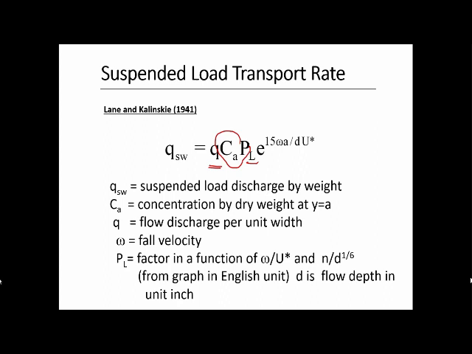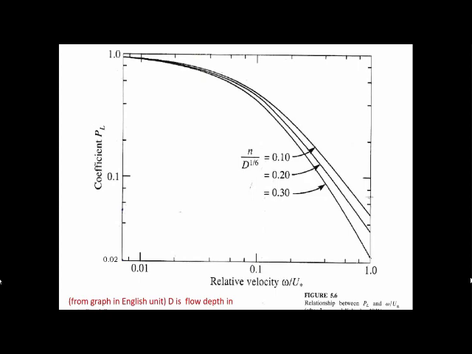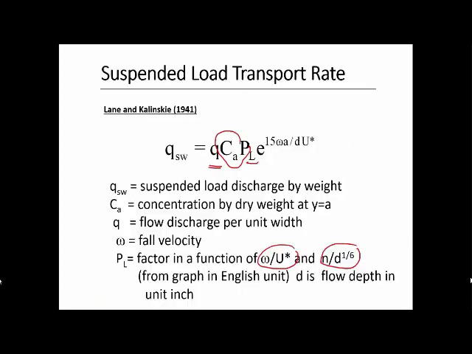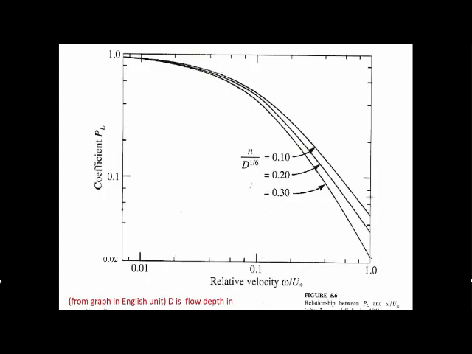So PL is a factor in a function of the shear velocity and the flow depth, the roughness over the flow depth. Okay, so we can use this diagram to determine the value of PL. The Ca we can determine from the Rouse equation. Okay, but for PL, you can use this diagram.